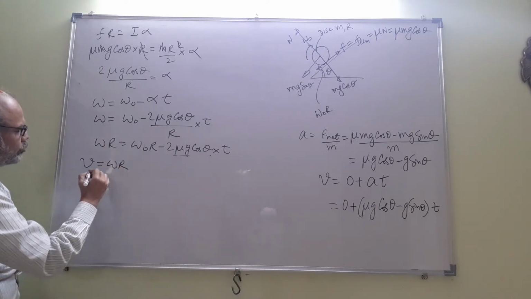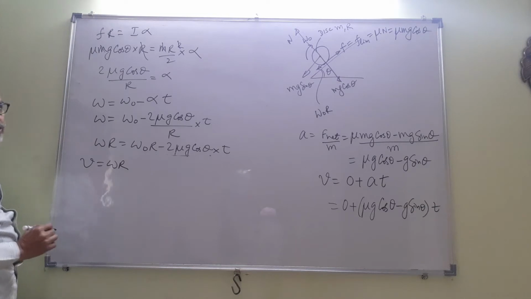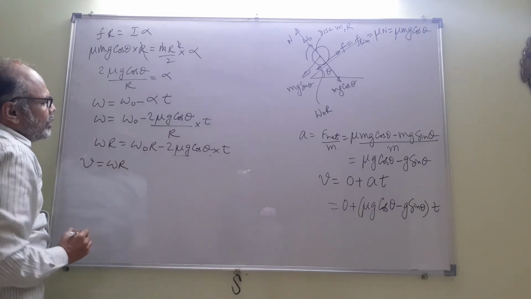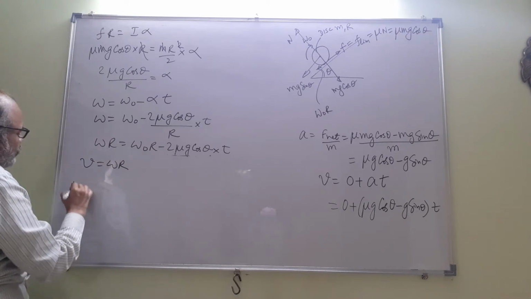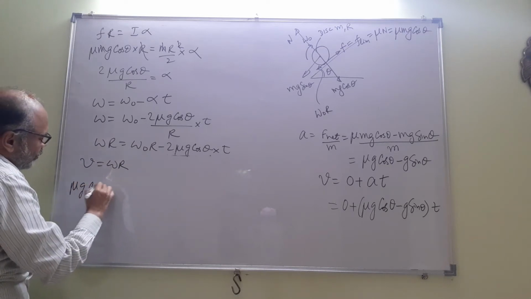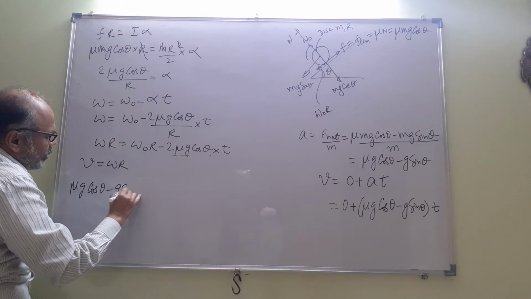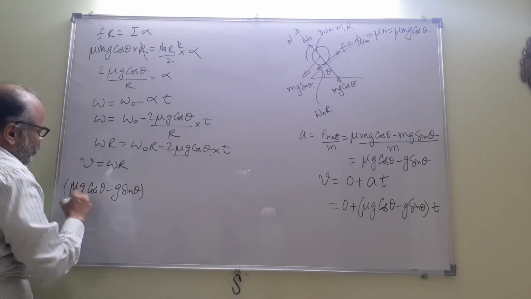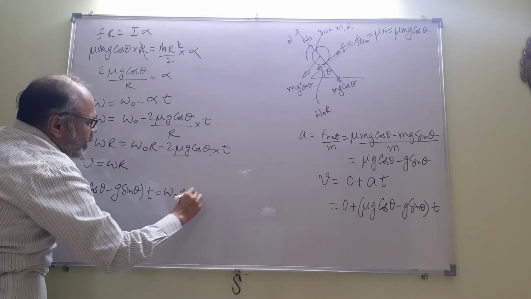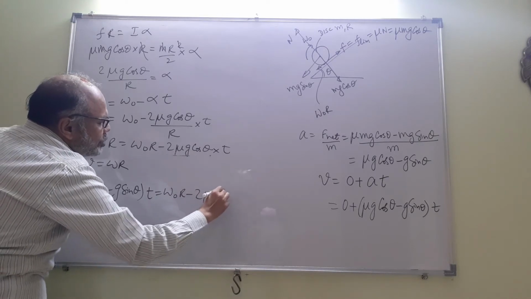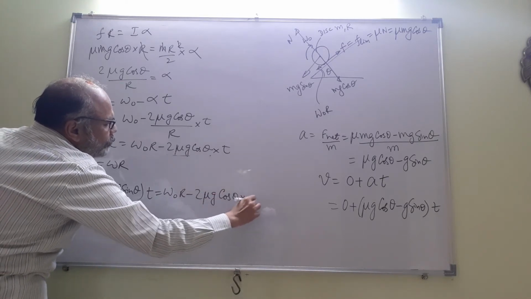So if you equate the two, you can get the time at which pure rolling will start. So you have mu g cos theta minus g sine theta, into t, equal to omega naught r minus 2 mu g cos theta into t.